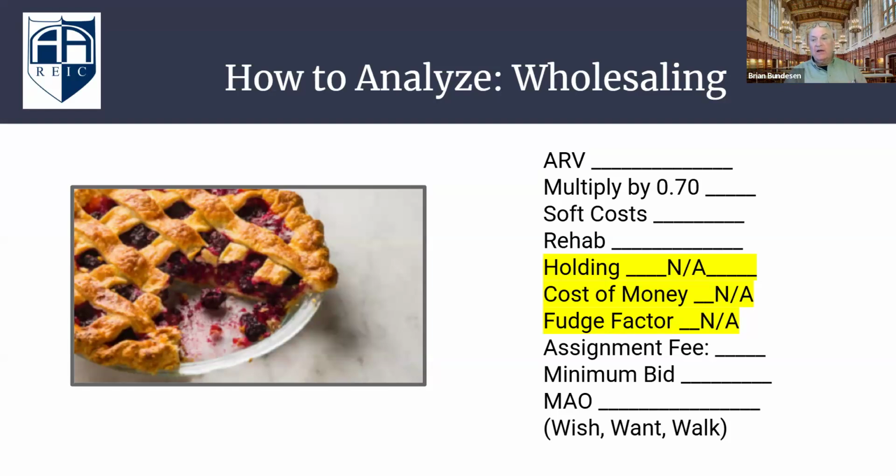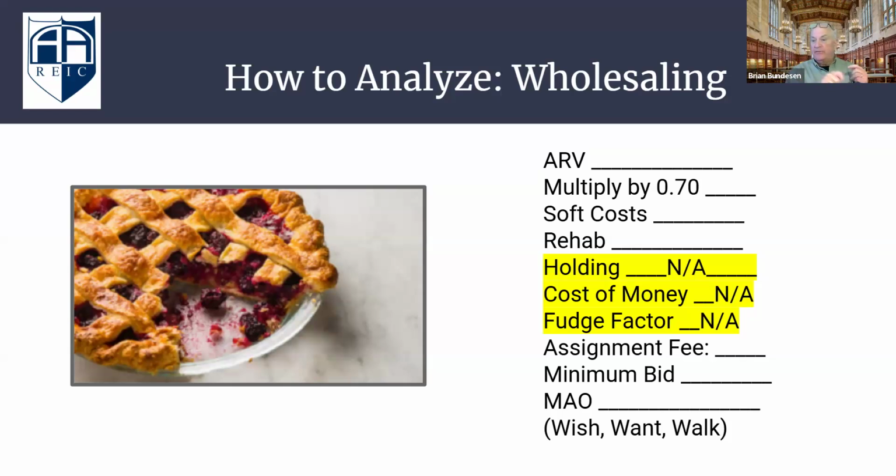So you're the wholesaler. You're going to do the ARV, multiply it by 70, and compute the soft costs: closing costs, whether you're going to use a realtor or not, title company fees, etc. Some wholesalers don't estimate rehab costs.